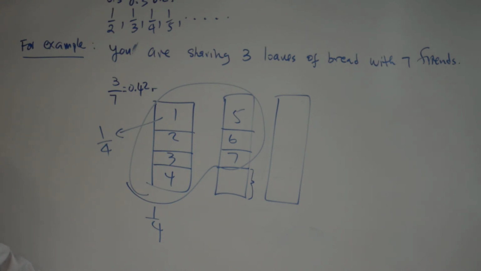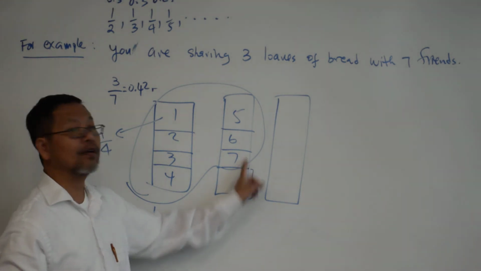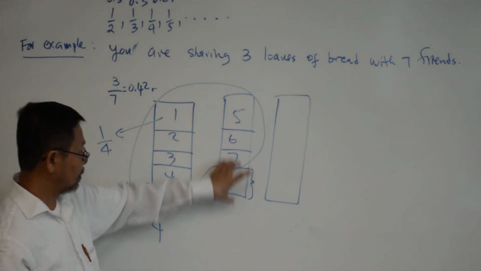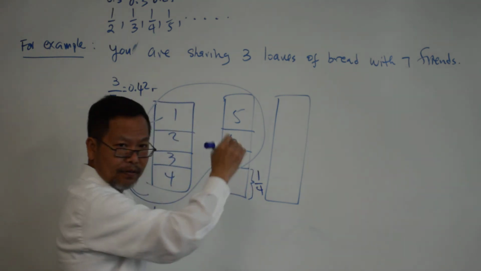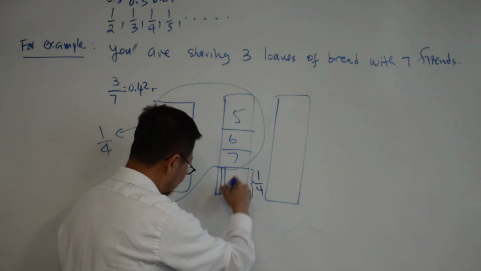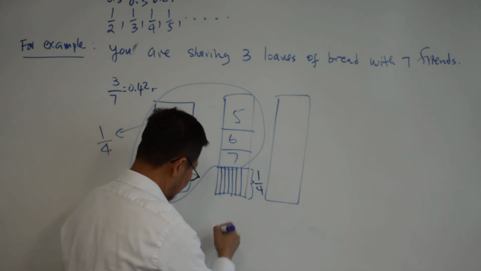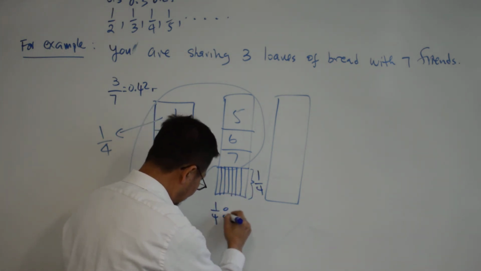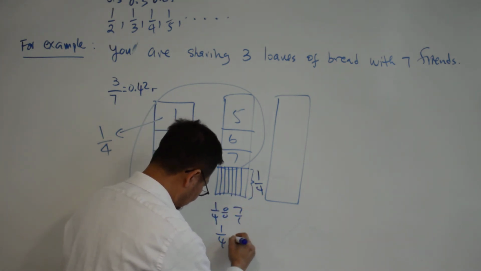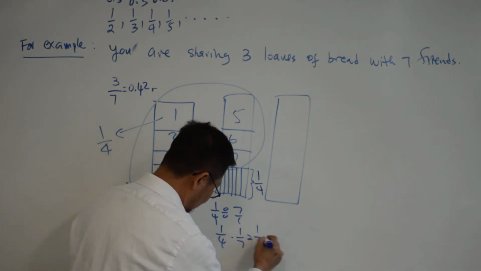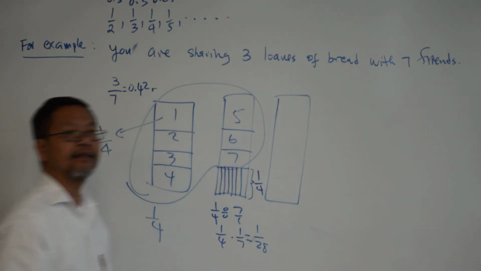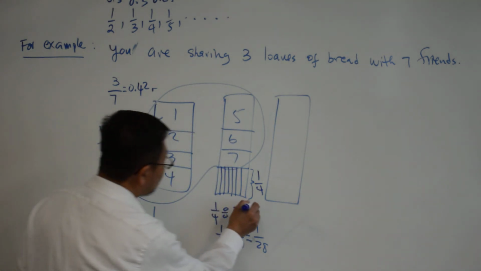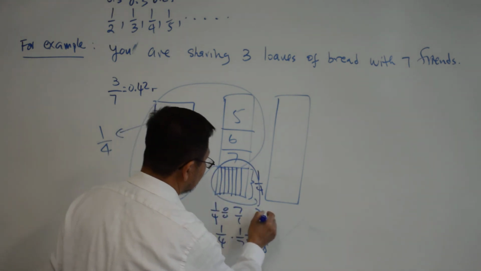Help me out, please. You still have a quarter left over, right? Because the whole thing is 1/4. So a quarter left over. You have to divide among 7 friends again. 1, 2, 3, 4, 5, 6. So 1/4 divided by 7 over 1. 1/4 times 1 over 7. So 1 over 28. So this whole part here is equal to 1 over 28.